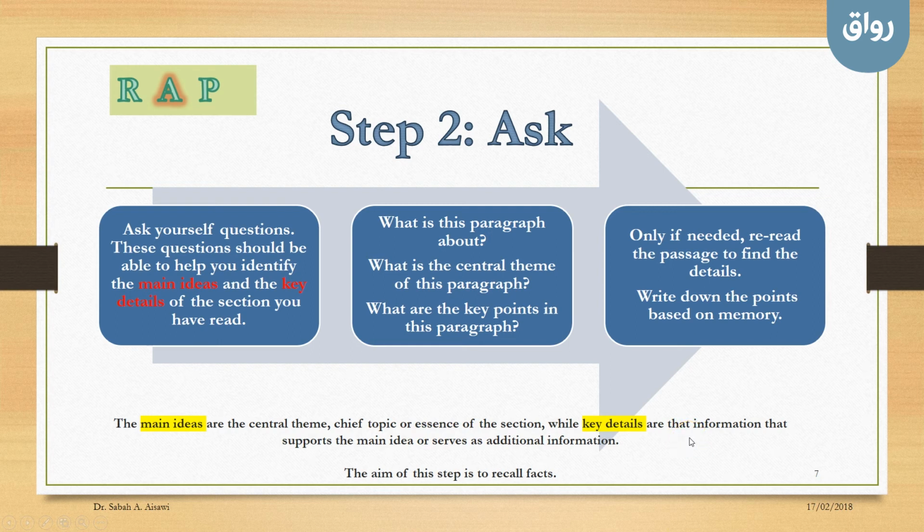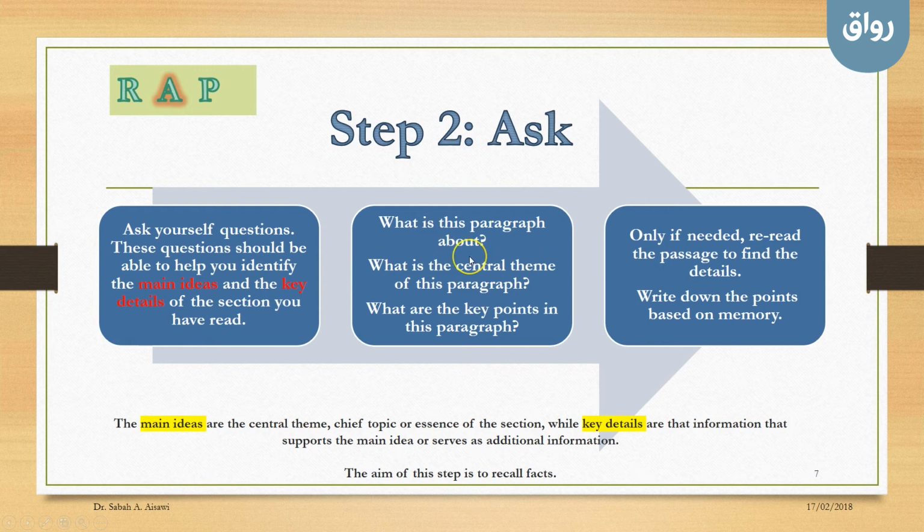They are not as big as the main ideas or the topics, but they are details given to help the original writer explain the idea well. So you need to focus on 2 things: the main ideas and the key details. So ask yourself these questions.